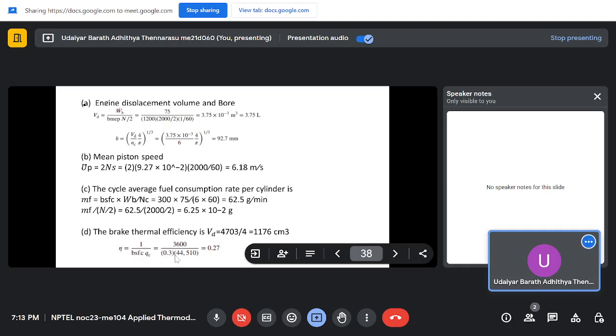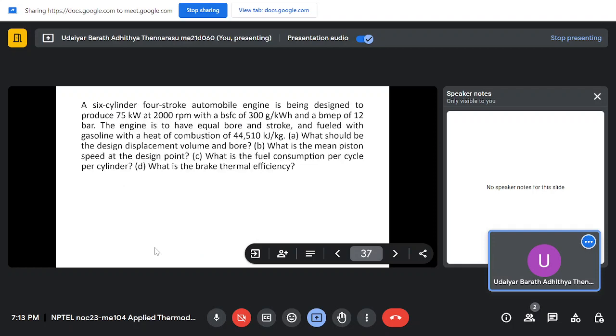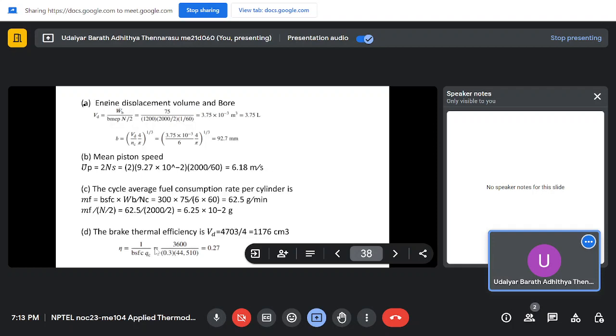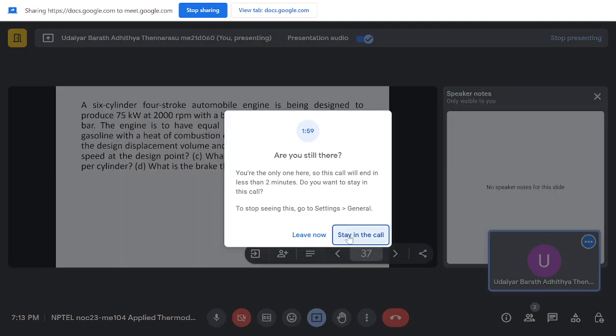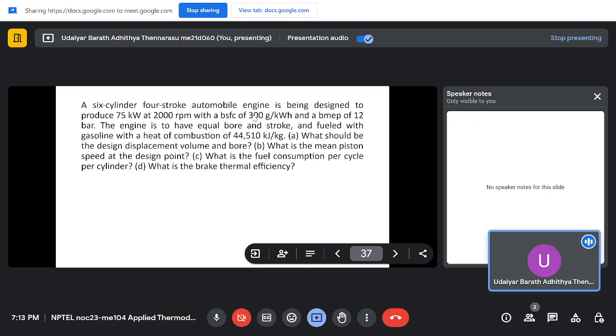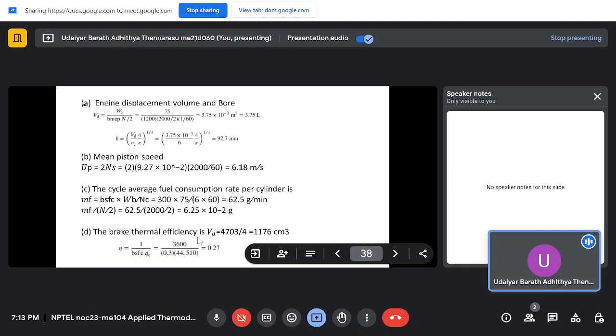So on substituting that, we will get 3600. Brake specific fuel consumption is 300 grams per kilowatt hour.